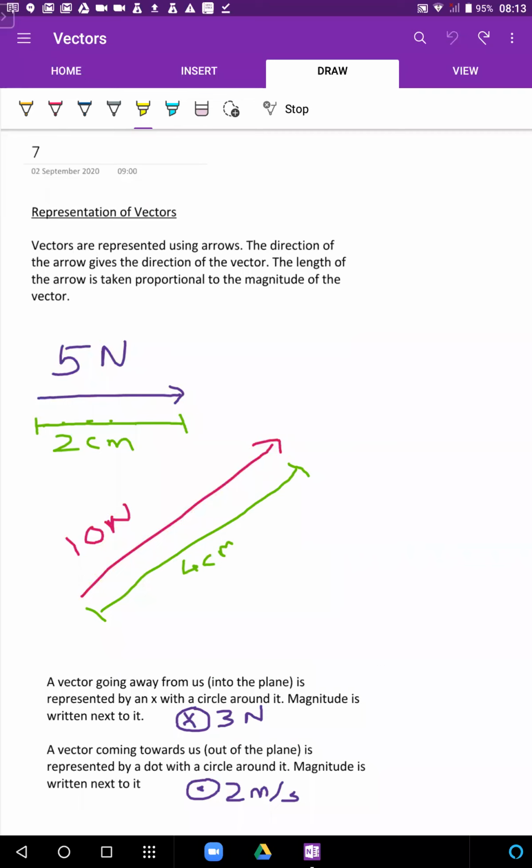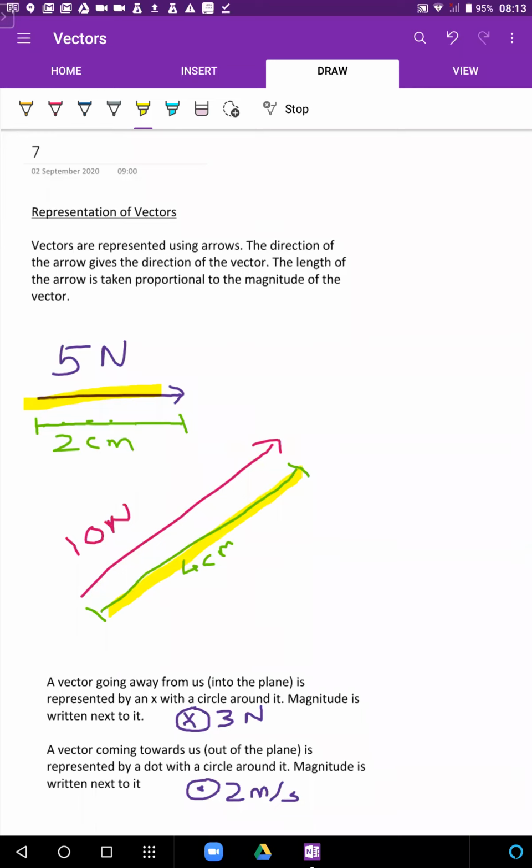Okay? And arrow के सामने हम magnitude लिखते हैं. Arrow तो naturally direction दे देता है ना? The arrow is pointing in the direction of a vector. But on top of that, we try to keep the length of the arrow proportional to the magnitude of the vector. ठीक है? जितना ज्यादा magnitude होगा उतना बड़ा length use करेंगे.